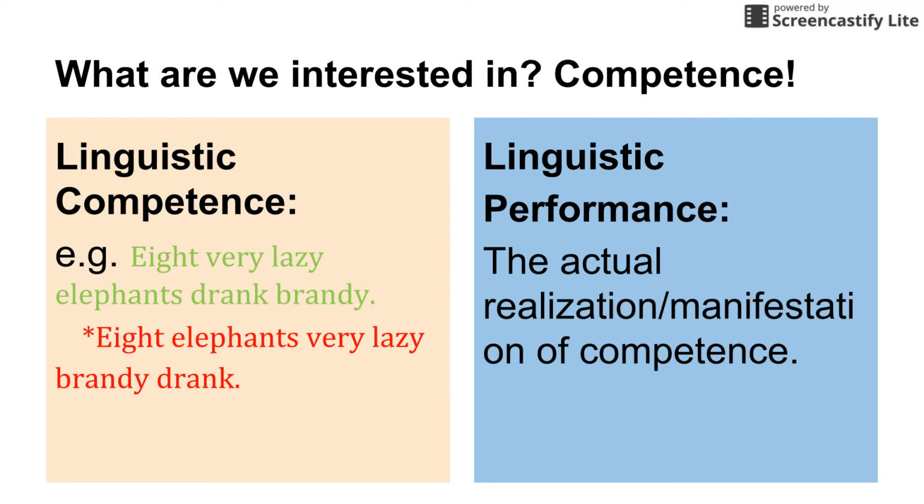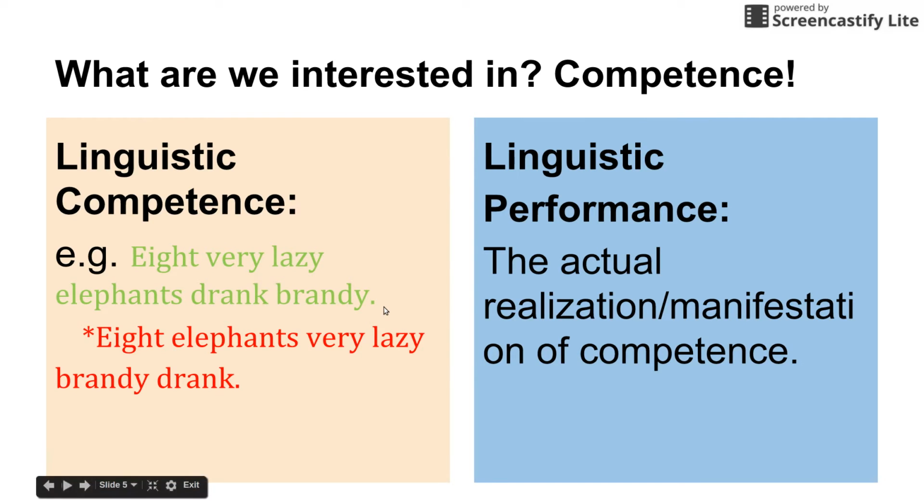So let me give you some examples of linguistic competence. I think these two strings will be new to you. 8 very lazy elephants drank brandy is okay, and you know this sentence is good, even though this is your first time seeing this sentence.